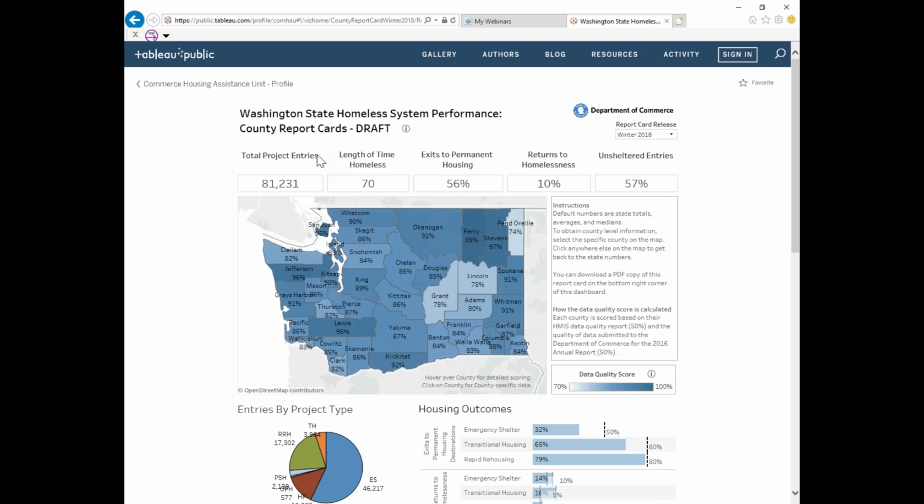So we have total project entries, length of time homeless, exits to permanent housing, returns to homelessness, and unsheltered entries. So right now what we have displayed is the statewide data. So this is for the entire state of Washington where we're at on these performance measures.